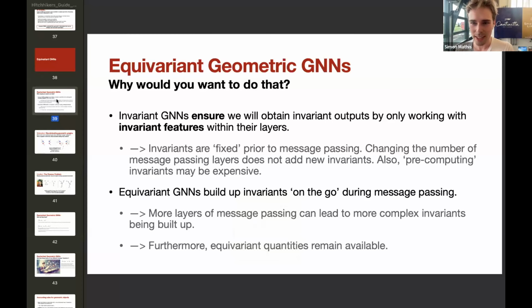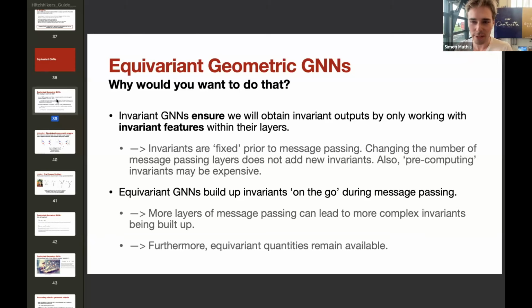The other problem is that angles require thinking about triplets of nodes, and dihedral angles require thinking about quadruplets of nodes, and so on. If you start thinking about higher-order geometric information, meaning geometric information that requires the positions of many atoms, we need to consider duplets, triplets, k-tuples of different positions or atoms, and that scales combinatorially.